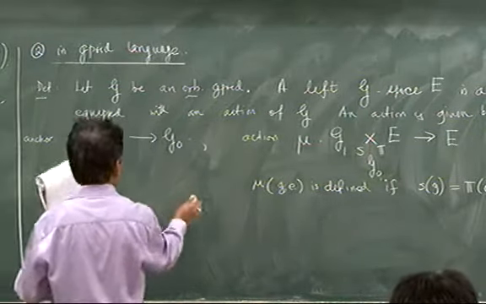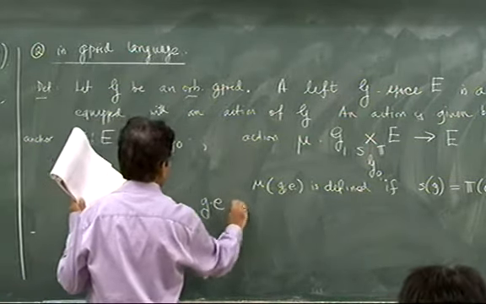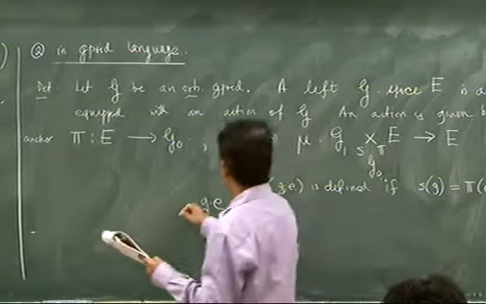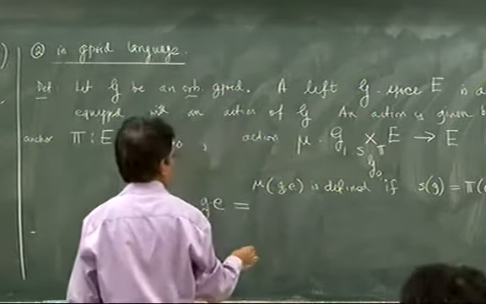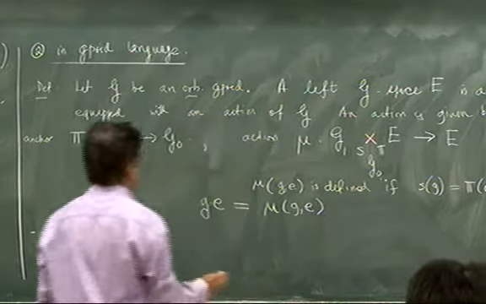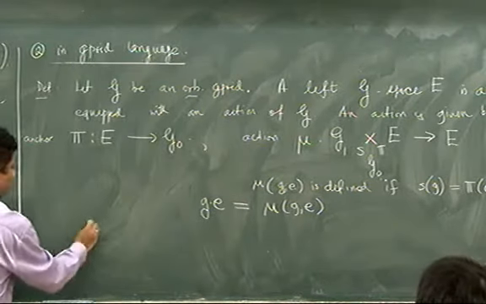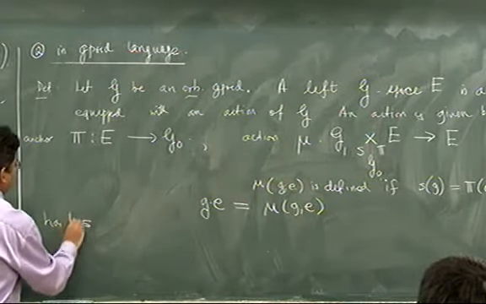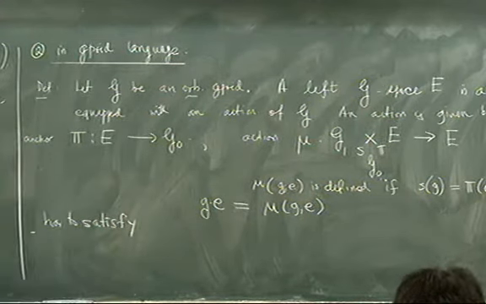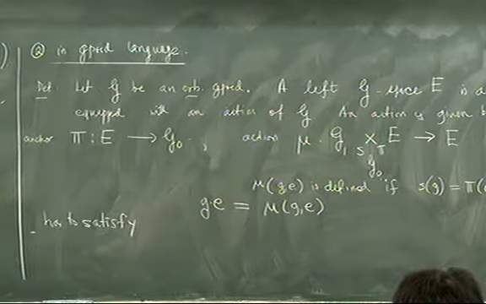Now, this is how the action would be, right? This is mu GE, which has to satisfy... so this is very much modeled on this local picture.